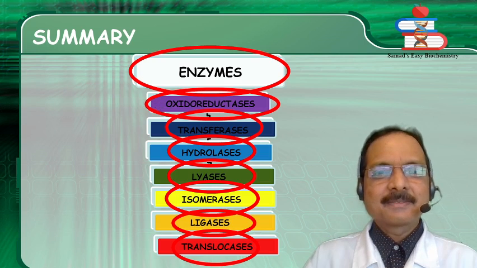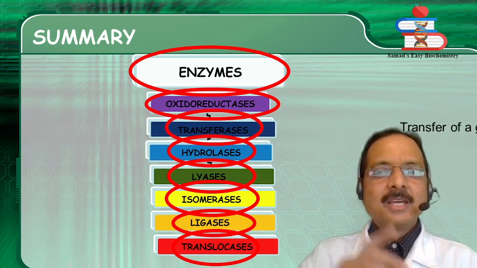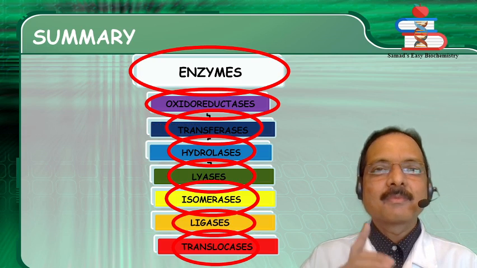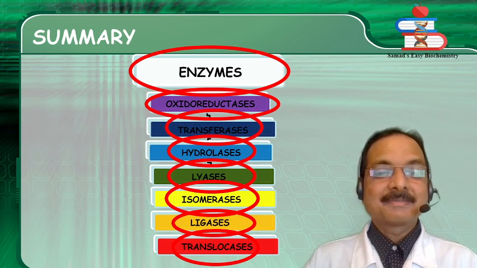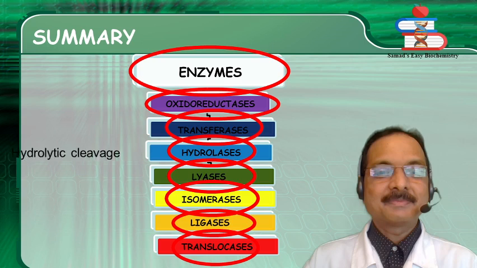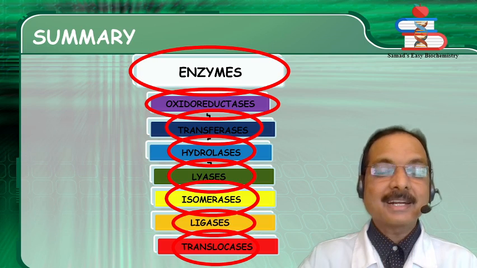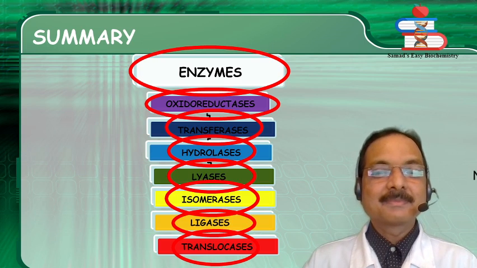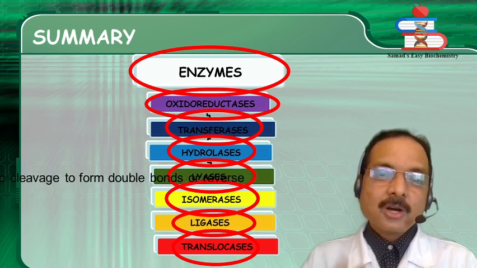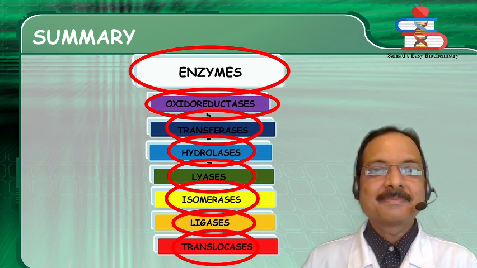Transferases catalyze transfer of a group. Hydrolases catalyze hydrolytic cleavage. And lyases catalyze non-hydrolytic cleavage to form double bonds or reverse reactions.